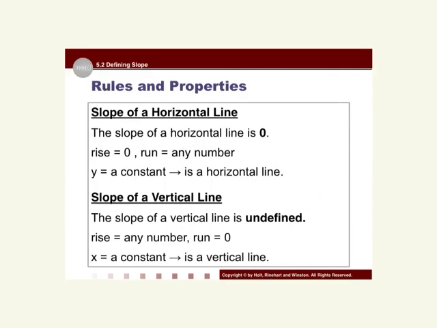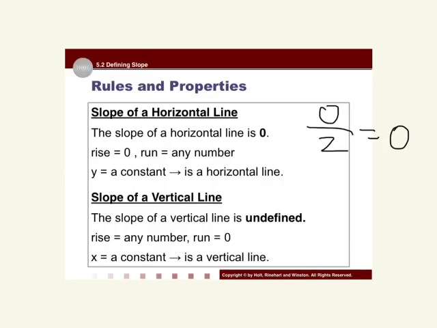The slope of a horizontal line is 0 because our rise equals 0 and our run equals any number. So 0 over, let's say, 2 would equal 0 because anything that 0 is divisible by is equal to 0.